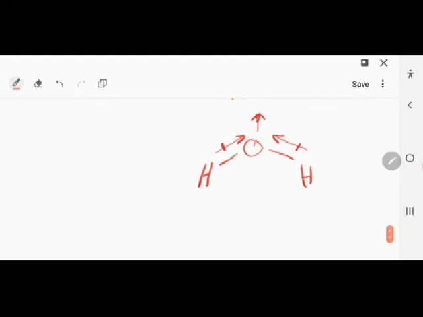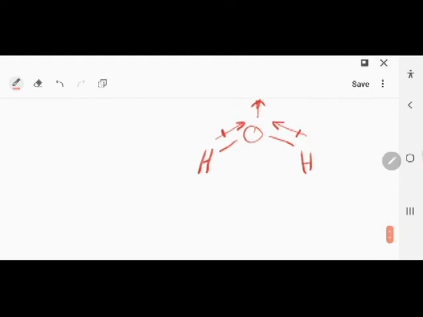While, for example, in a molecule like CO2, this is C, O, O. This is the shape of carbon dioxide, which is linear. And as you can see here, the electronegativity of oxygen is higher, so this is the side for it.